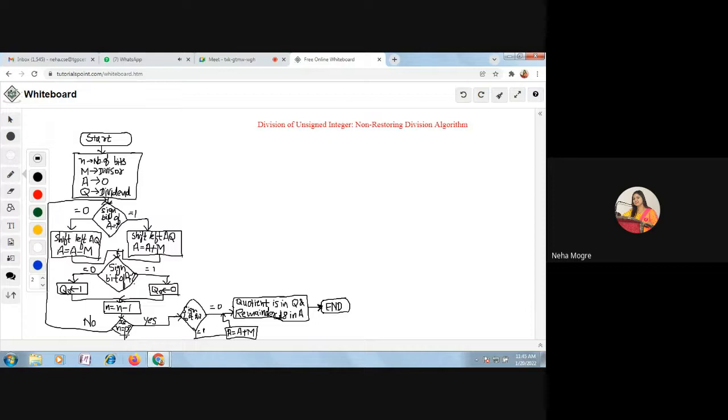When N is equal to 0, we again check the sign bit of A, the MSB of A. If it is 1, we perform A equals A plus M. If it is 0, then directly the quotient is in Q and the remainder is in A, and that is the end of the problem. When it is 1, you perform A equals A plus M and then the same result: the quotient is in Q and the remainder in A. Only one extra step you have to perform here.